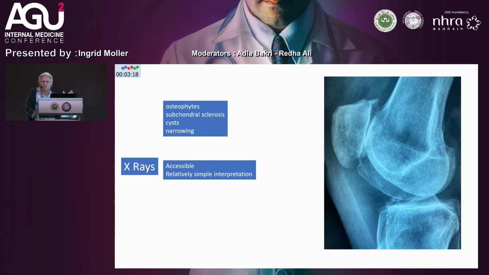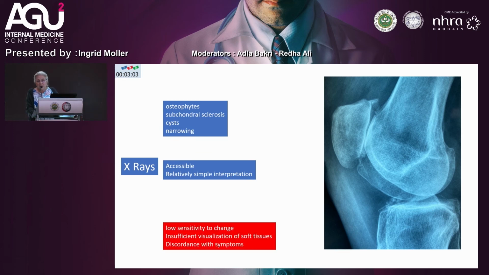If we don't know so much about the interpretation, which I think is not difficult in the case of osteoarthritis, we can always look for one of these scorings, and that will be easy. But the problem is that they have low sensitivity to change. The same happens with inflammatory diseases. They don't allow us to see the soft tissue in a well-defined way, and they are in discordance with symptoms.